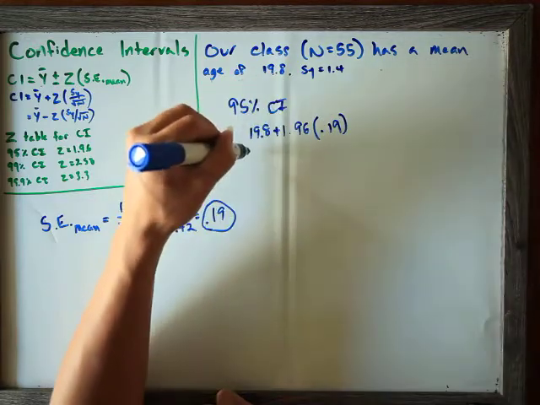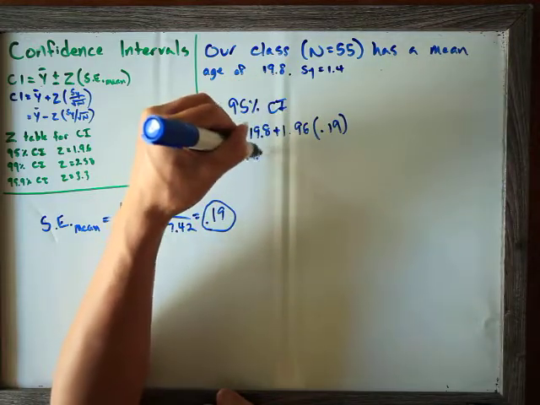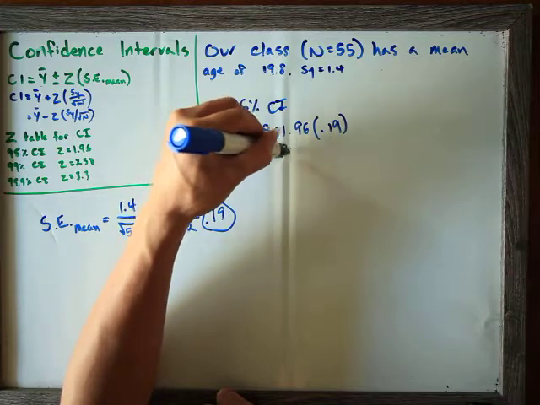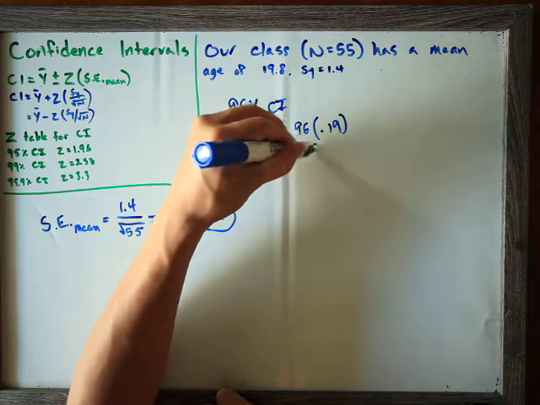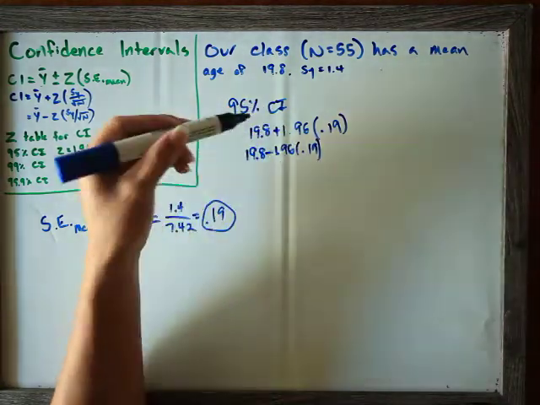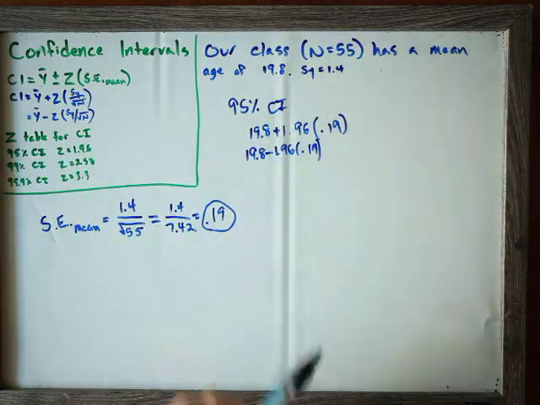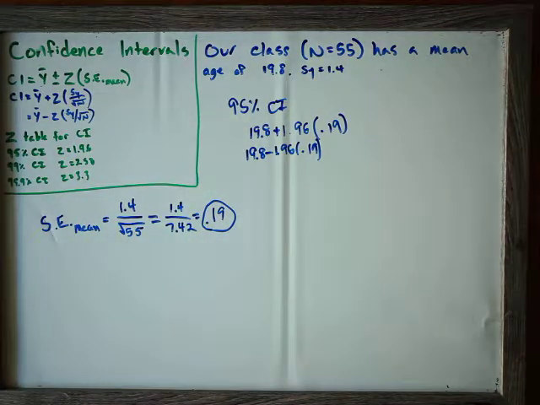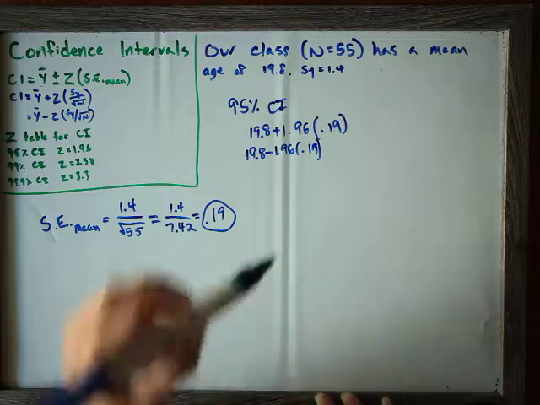And we would do the same, 19.8 minus 1.96 times 0.19. That will give us our lower and our upper bound for our confidence interval. So let's do 0.19 times 1.96, because we have to remember our order of operations. We do multiplication before we do subtraction and addition.